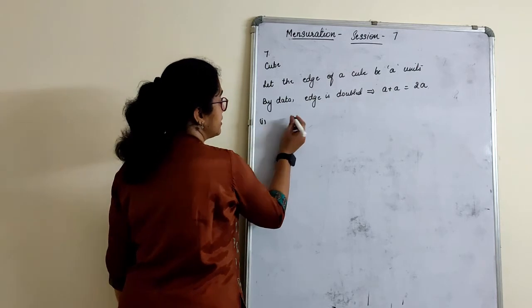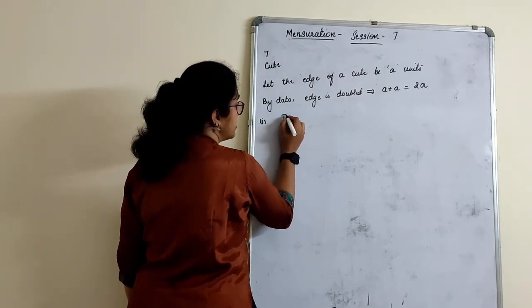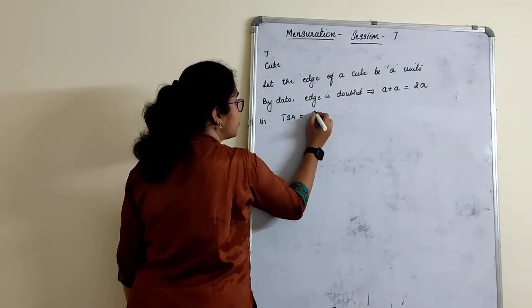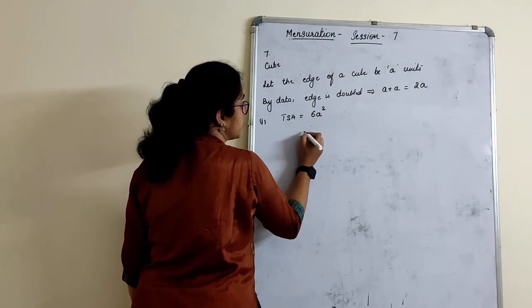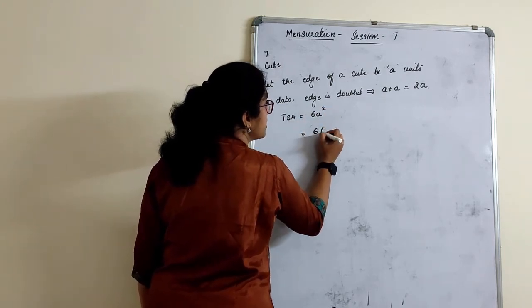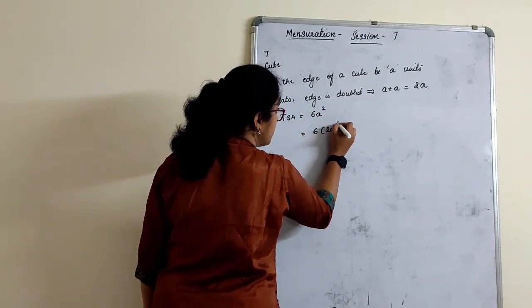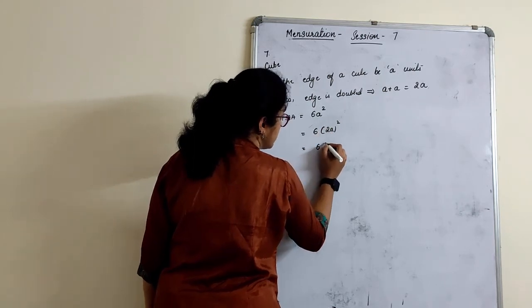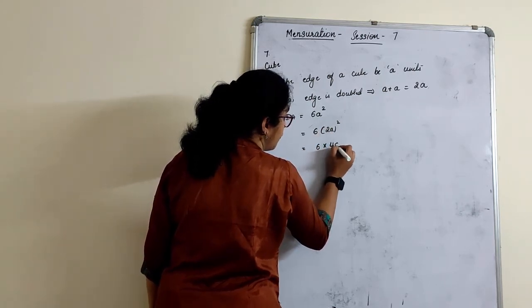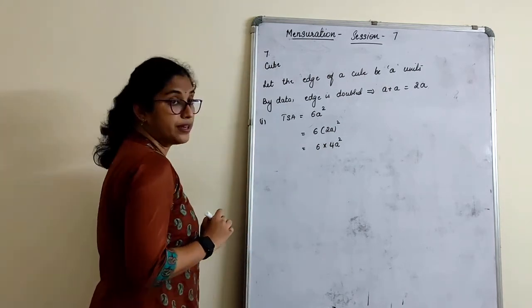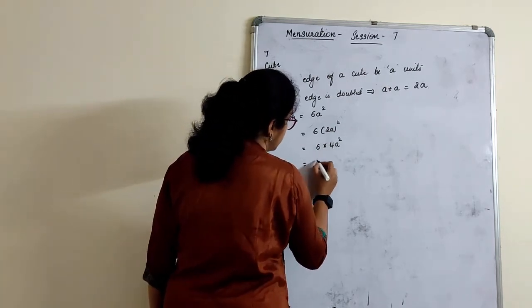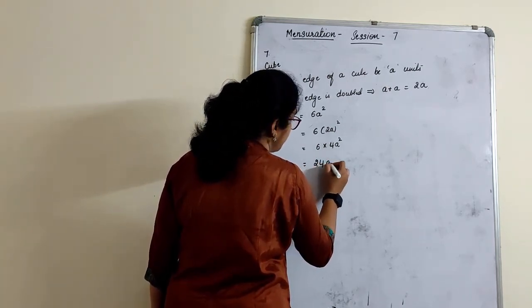That's what I have written here. So surface area TSA is equal to 6A square. What is A, children? 2A whole square. 6 into 4A square, right?